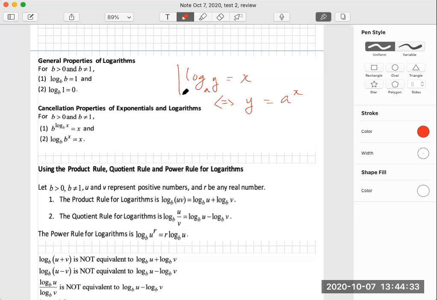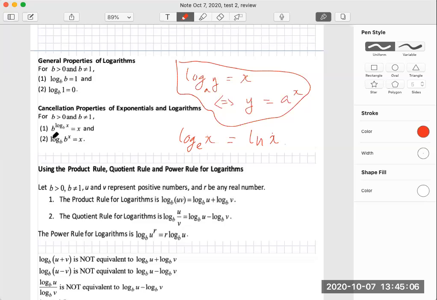This is the definition. And for log base e, where e is a constant, the notation we write is ln, natural log of x. Okay.